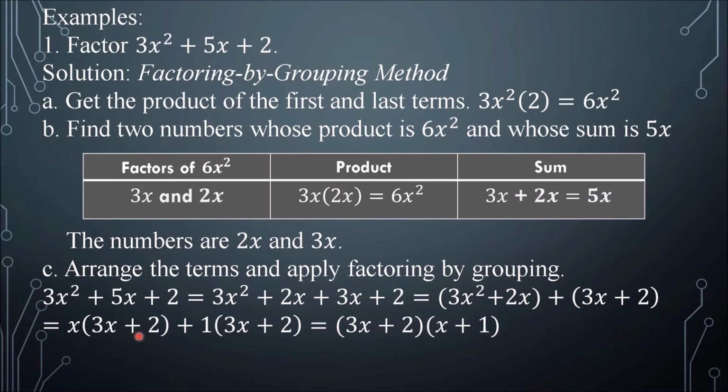So that's the common factor. Extracting that, the remaining factor now is x plus 1. So the factored form of 3x squared plus 5x plus 2 is 3x plus 2 times x plus 1. That's the first method, factoring by grouping method.